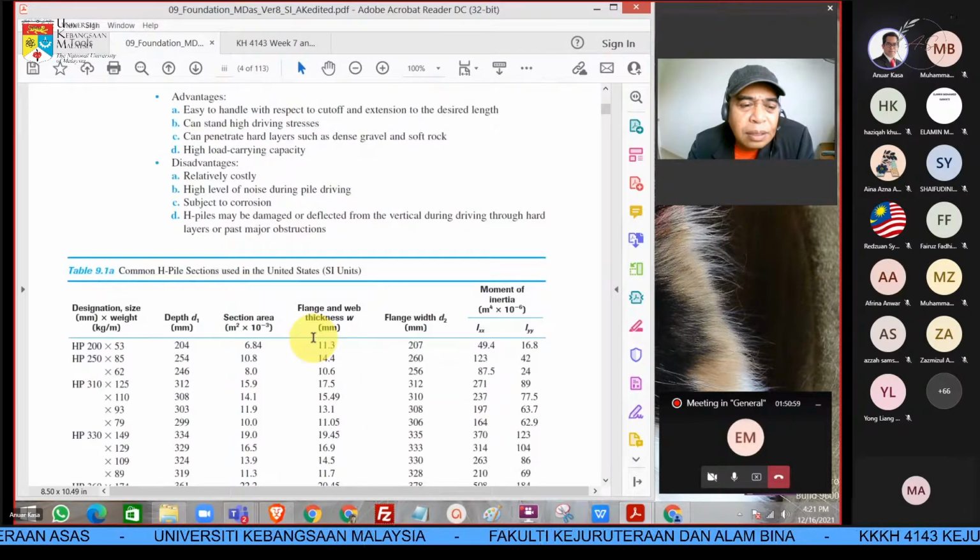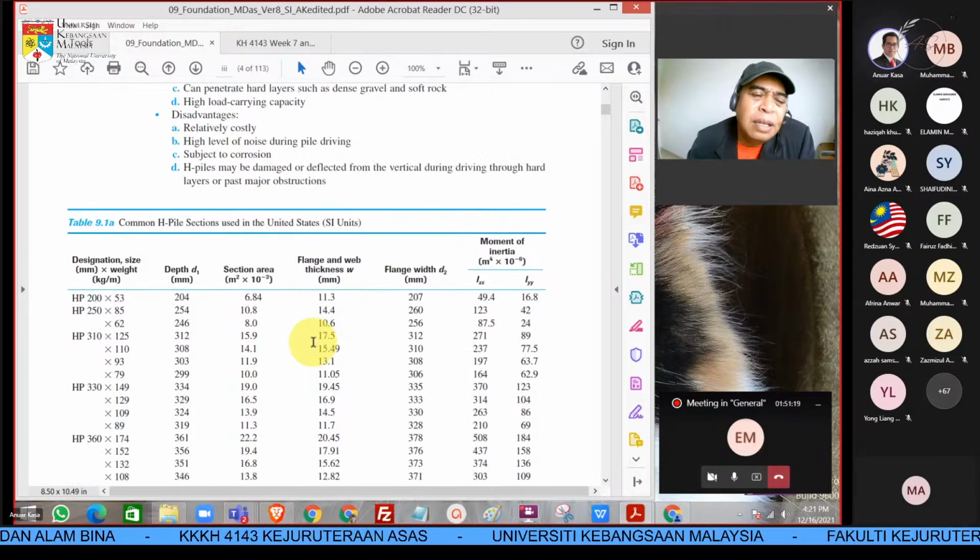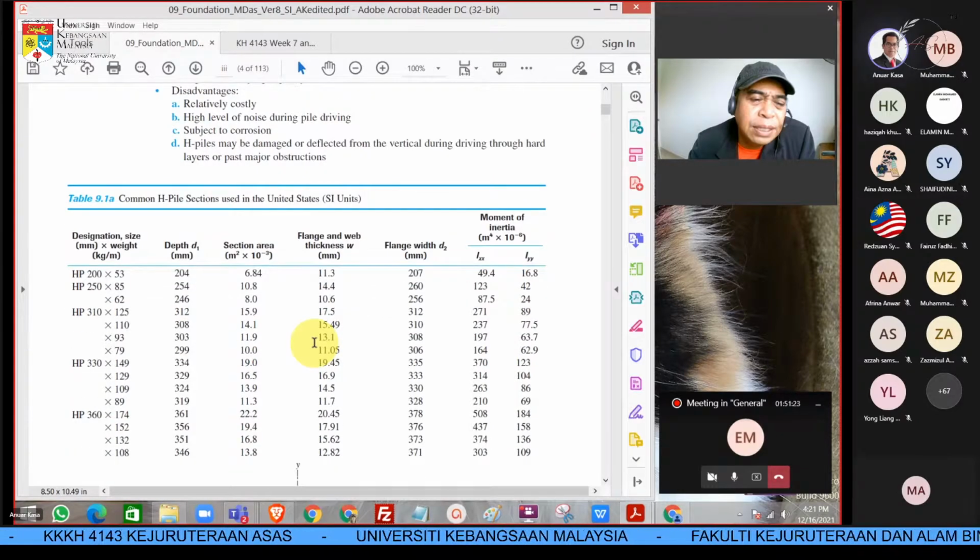But the advantage, normally, is that steel pile has high strength and is not heavy to handle. We can easily cut off or extend and so on by using the steel pile. Normally we use the H type, H pile.